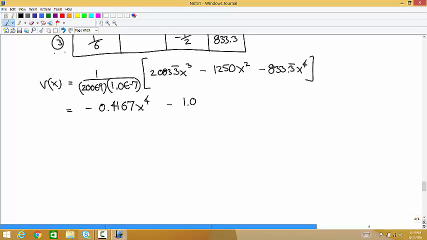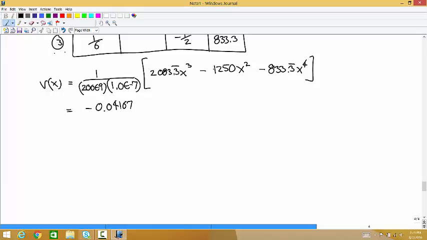I hope not. That's what it looks like to me. So this is 0.04167.